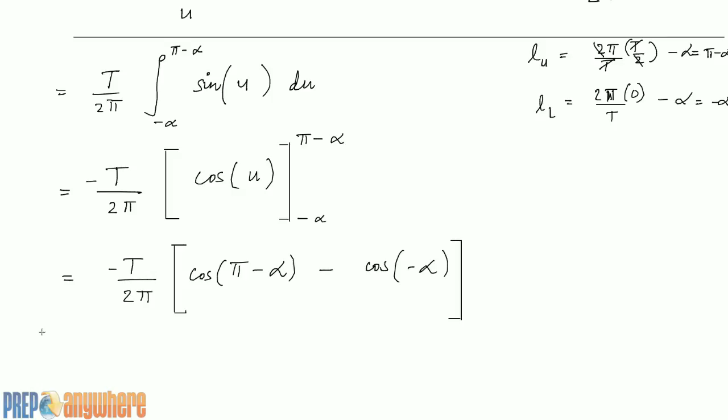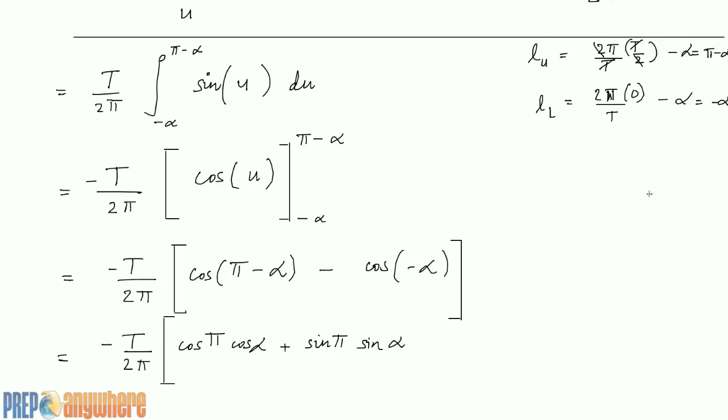Once again, we use trigonometric identities to break up the cosine formula. We can express this as cosine pi cosine alpha plus sine pi sine alpha.